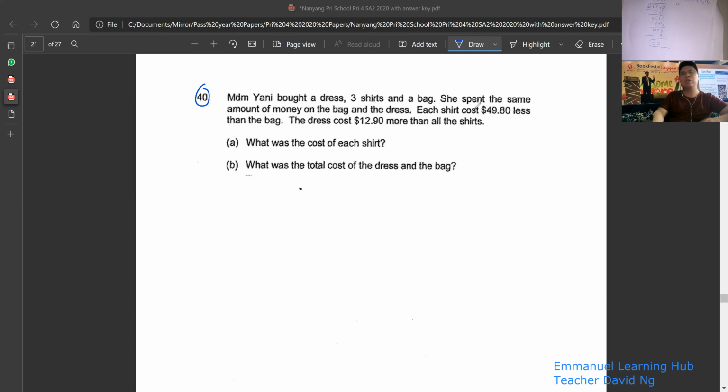Each shirt costs $49.80 less than the bag. The dress costs $12.90 more than all the shirts. What is the cost of each shirt? You can draw a model.